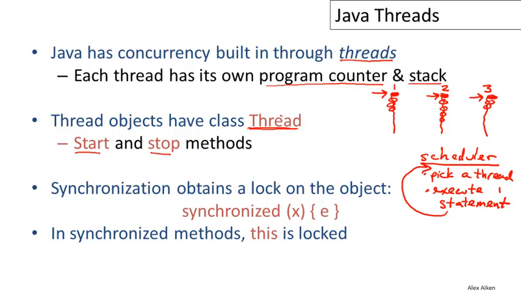And there are some other special properties of threads. In particular, one thing that threads can do is to synchronize on objects. So a thread can acquire a lock on an object through the synchronized construct.